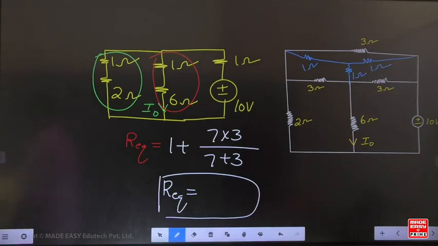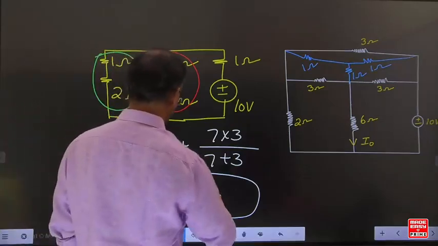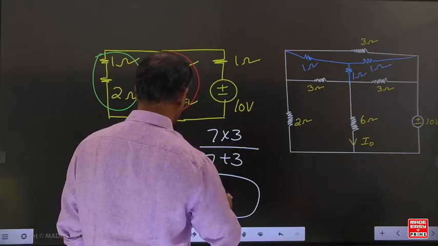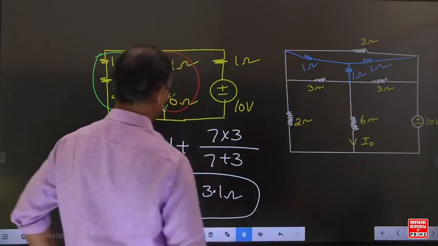Find the equivalent resistance. What is the equivalent, how much? 3.1 ohm.